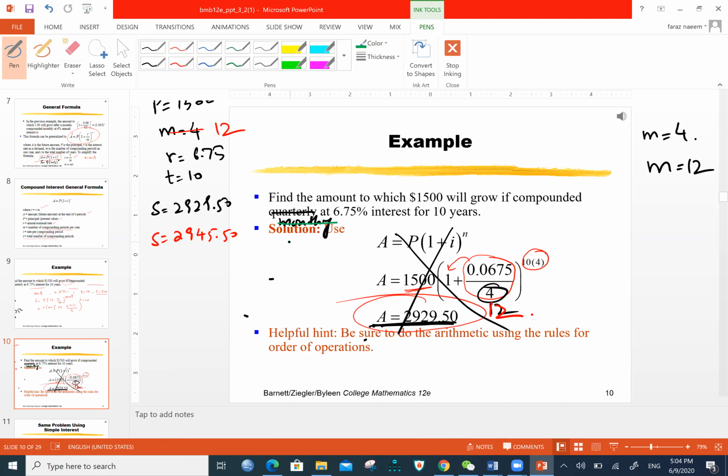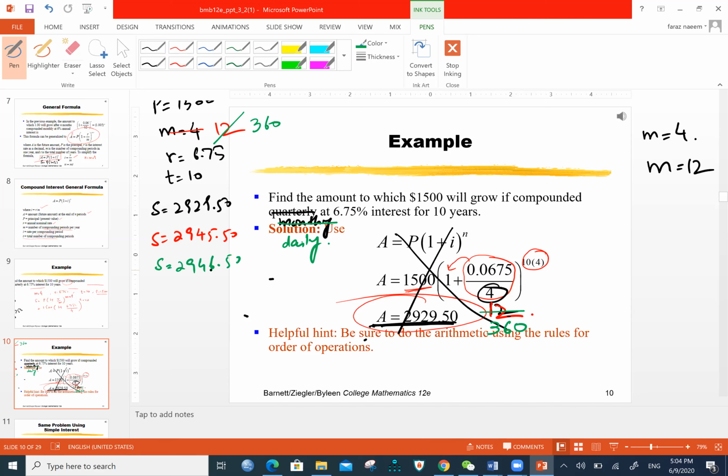If we increase it further, we say that it is, let's say, daily. Then what would be M? How many days per year? Then 365, here it will become 365. Are you following? Yes. In that case, S would be 29.46.